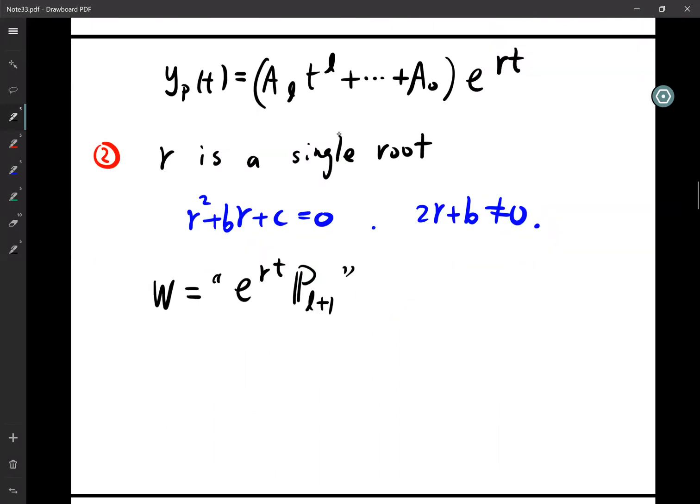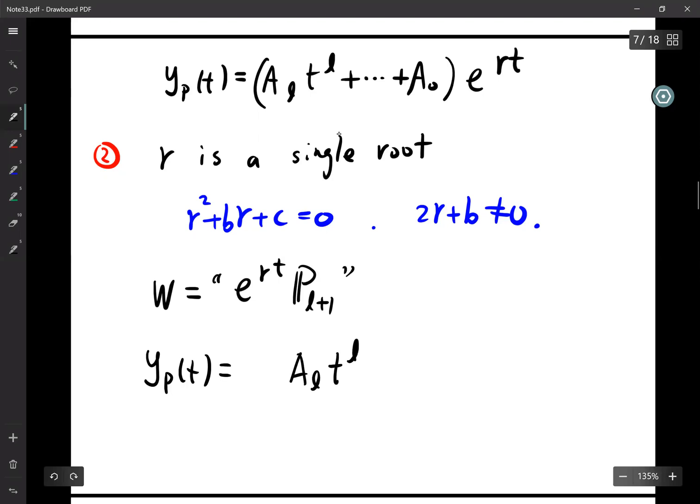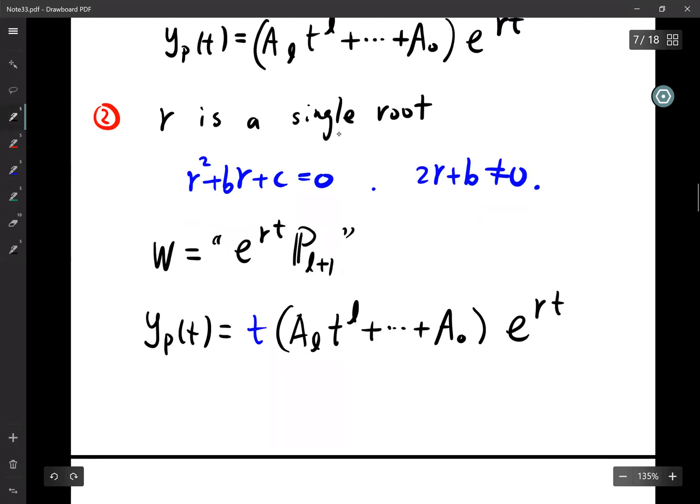So that is y_p(t) equals a_L t^L, and so on, down to a_0 times a t. Here is exponential RT. For exactly the same reason, I don't have the constant term times exponential RT.